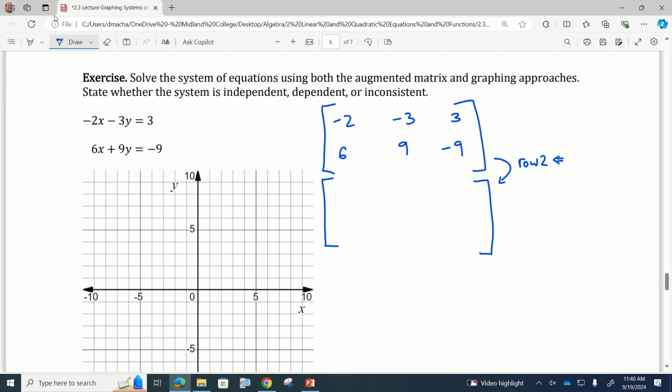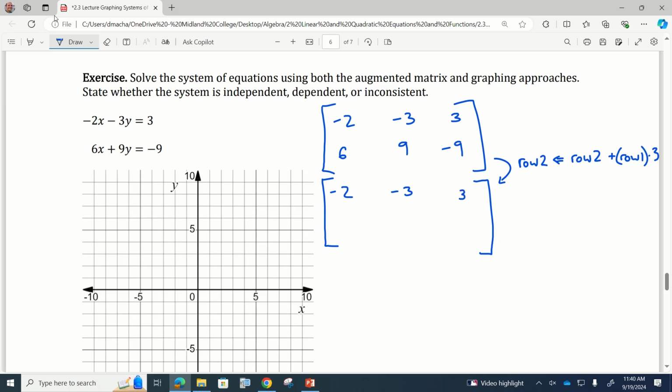If I take row 2 and I add row 1 3 times, so I replace row 2 with row 2 plus row 1 times 3, then row 1 gets to remain the same in this step.